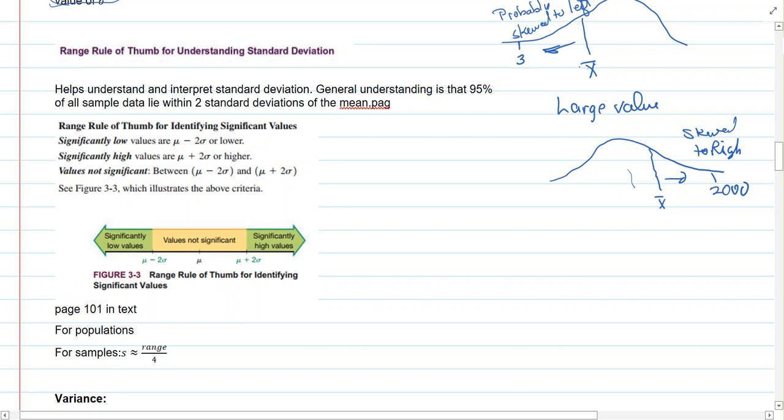All right. So again, we have these little ruler-type arrows. It says the rule of thumb to help understand and interpret standard deviation. General understanding is that 95% of the sample should lie within 2 standard deviations, and we learned that in the last section on the mean. So 95 is here.